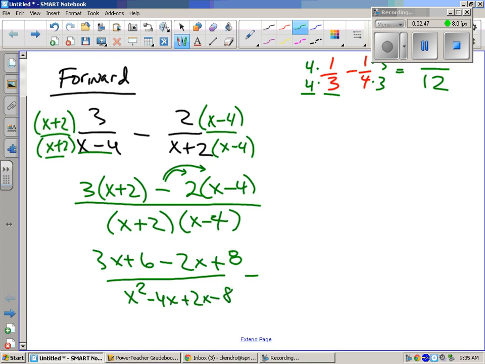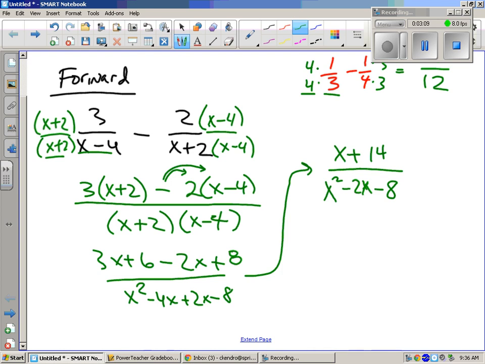Then simplifying one last time, on the top I get x plus 14, and on the bottom I get x squared minus 2x minus 8. So that process we are familiar with. It's all stuff that we've learned in the past in algebra and algebra 2.